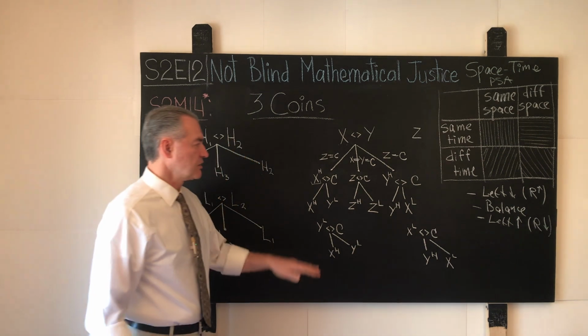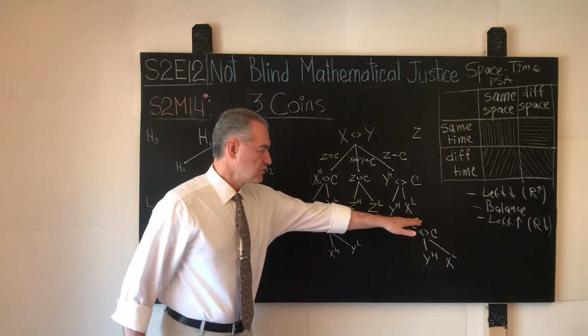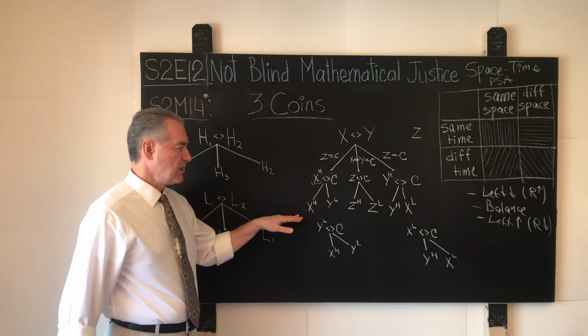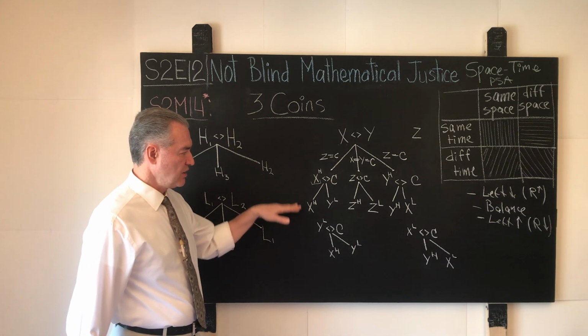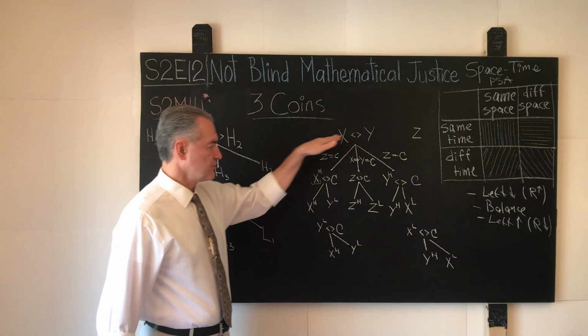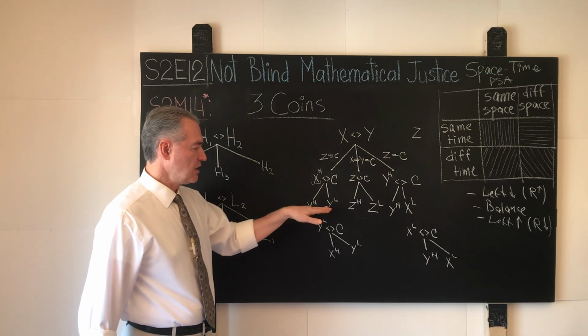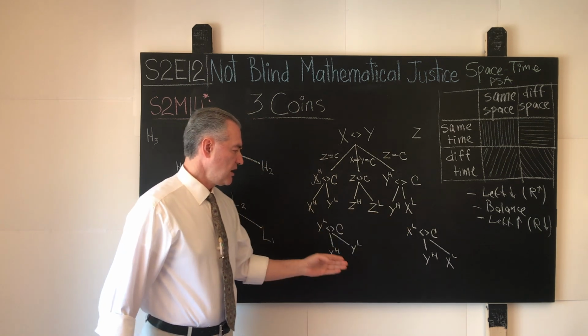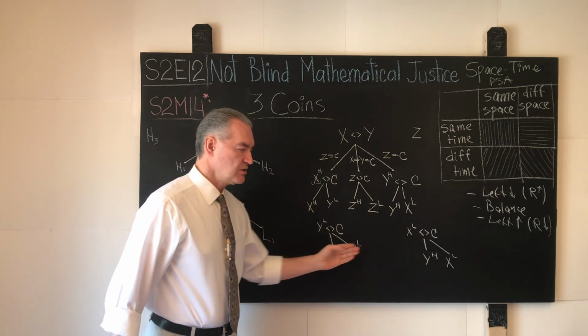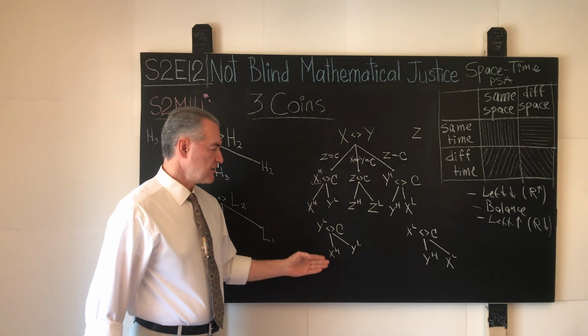Now let's take a quick look at the outcome of this experiment. How many units of information do we generate, let's say, over this tree right here? Let's count. 1, 2, 3, 4, 5, 6. And if we take any of the other distinct solutions, we'll get the same count.